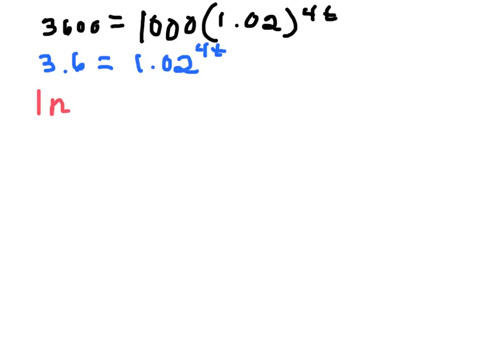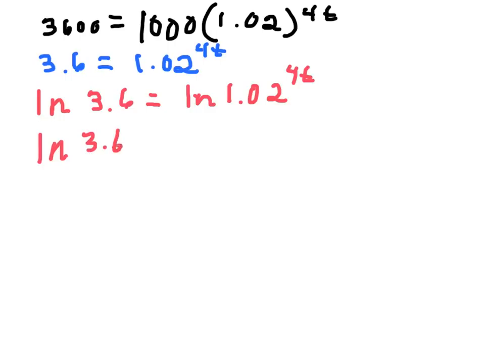The natural log of 3.6 equals the natural log of 1.02 to the 4t power. Now on the right-hand side, you can expand that. Natural log of 3.6 equals 4t times the natural log of 1.02.